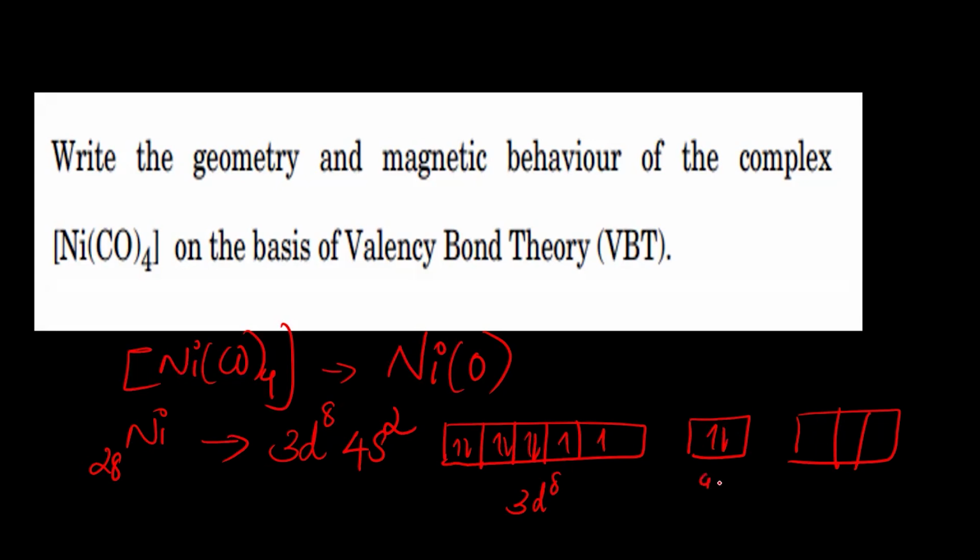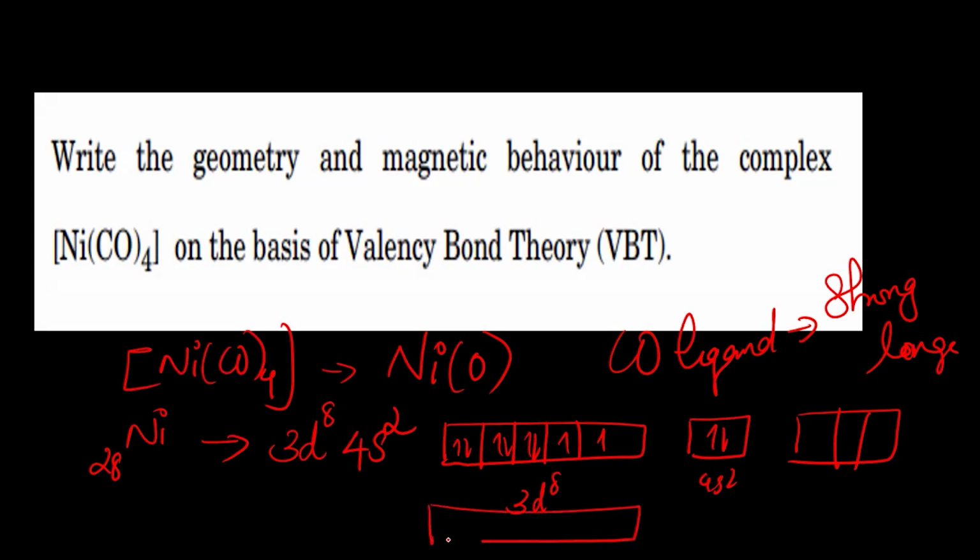Which ligand is coming? Yes, it is the carbonyl ligand. CO is a very strong ligand. So what will happen? Pairing will take place, and the s electrons will be moved to the d orbital. So what will we get here? 1, 2, 3, 4, 5, 6, 7, 8.